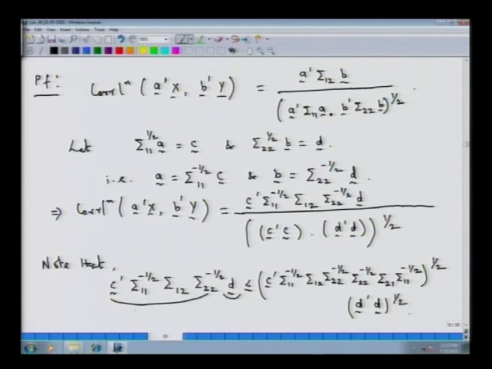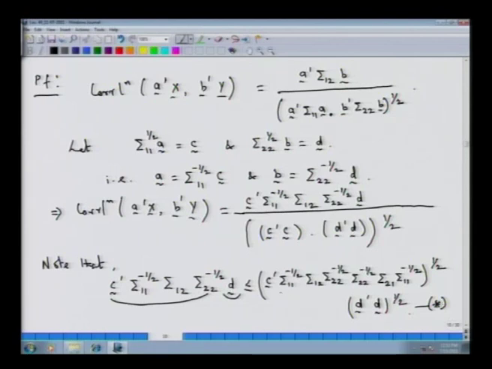So, this quantity in the numerator is less than or equal to this term when we apply the Cauchy-Schwarz inequality. Let me give an equation number to this, because later on we will be using these equations in the derivation.